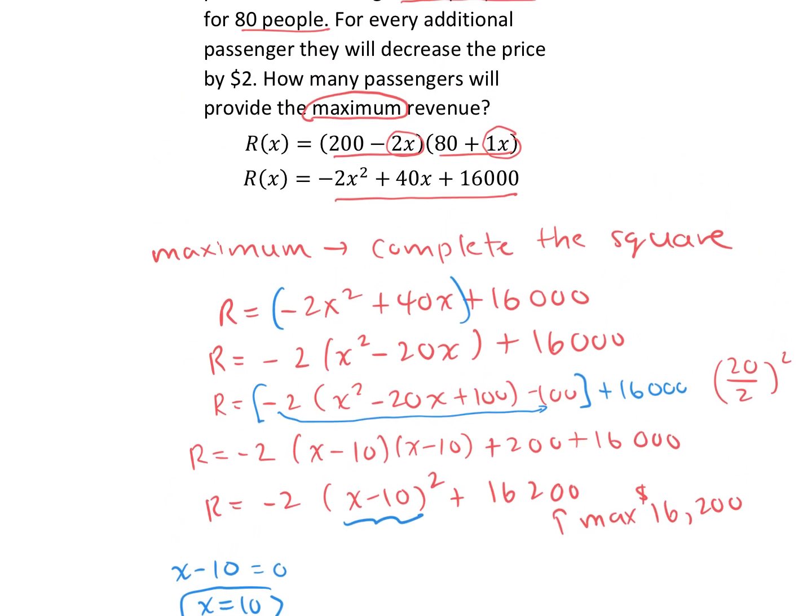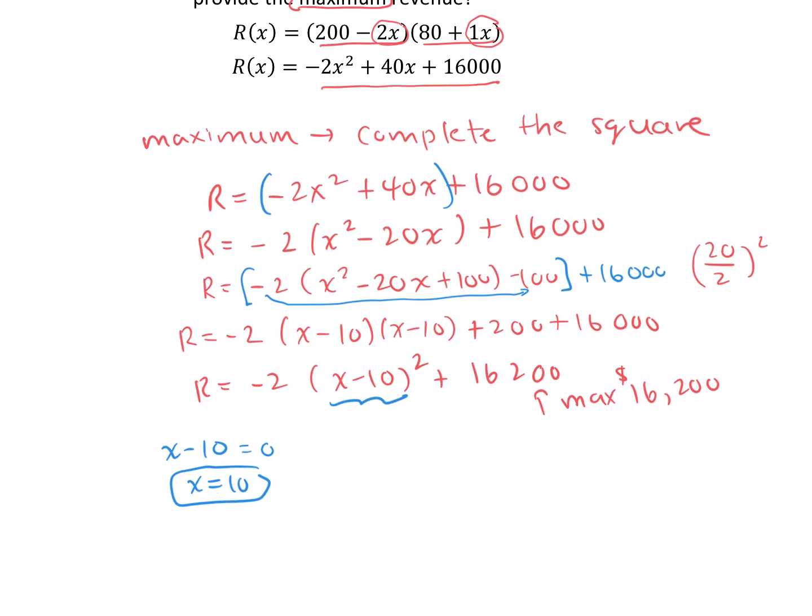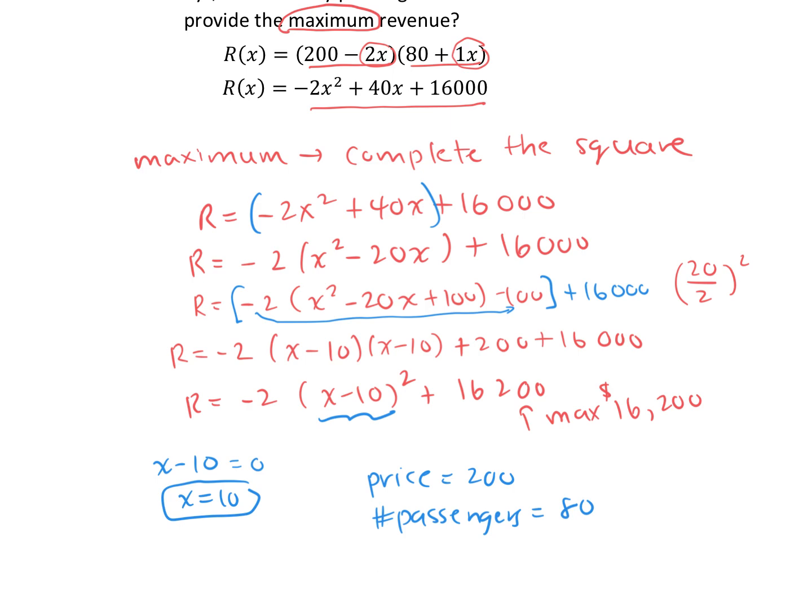Well, the original price was $200 and the number of passengers was 80. That's where the 16,000 came from.